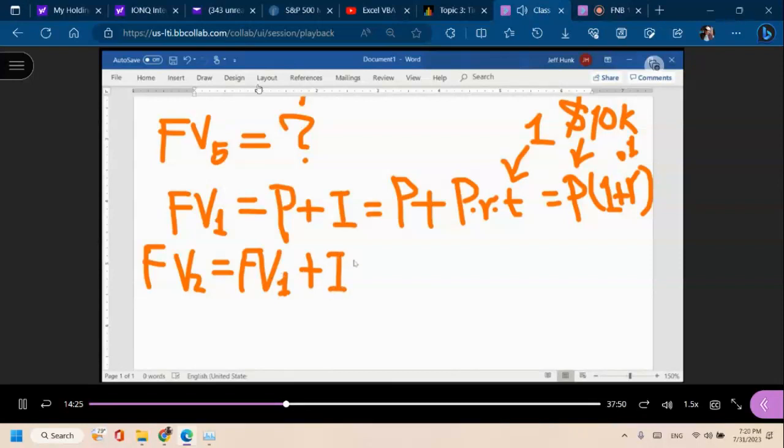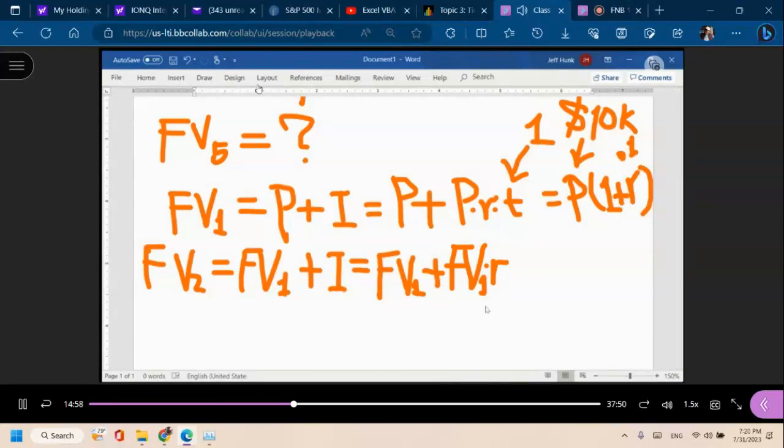So 10% of 11K, so that's going to be 1.1K. But again, because interest is the result of multiplying FV1 by R for 1 year. So I'm not going to multiply it by 1 again because it's 1, right?